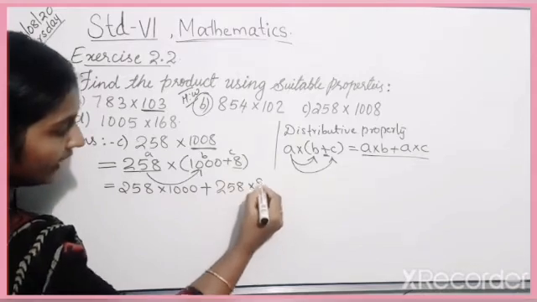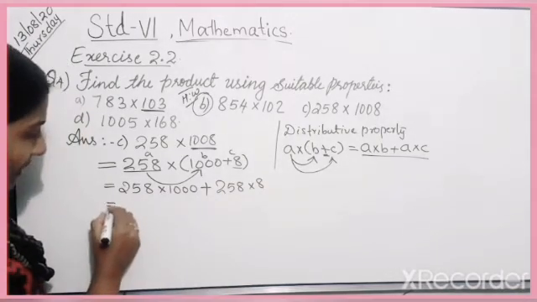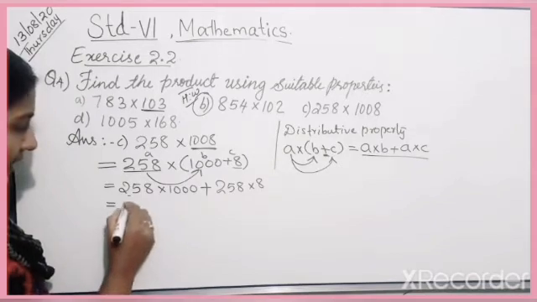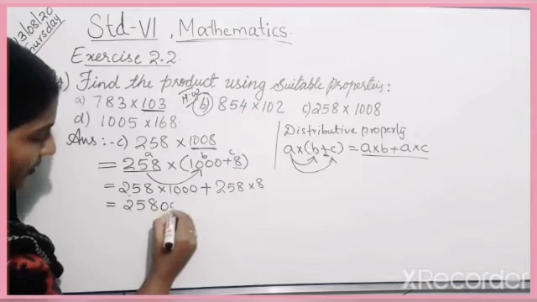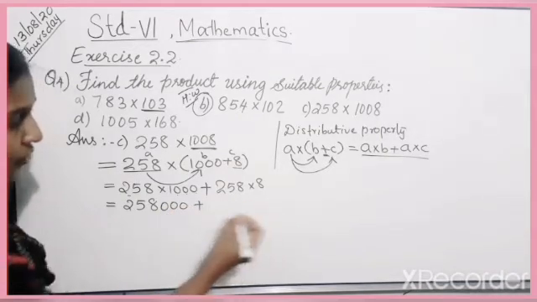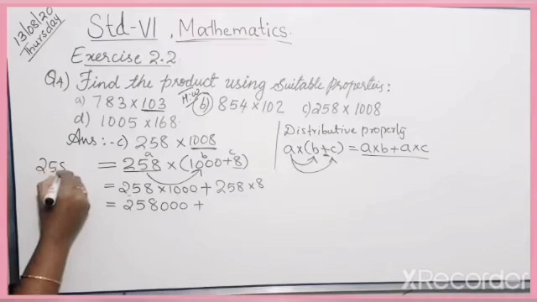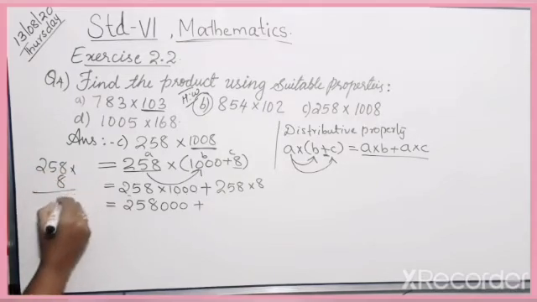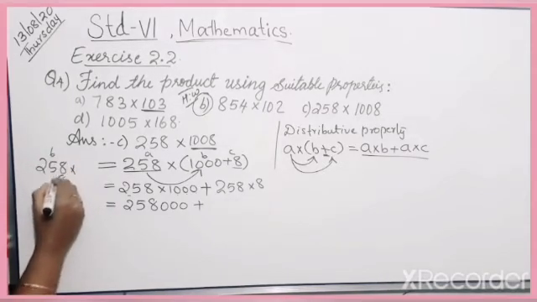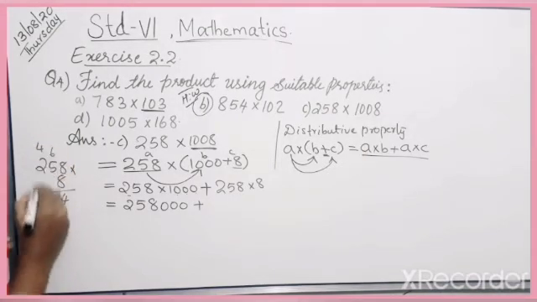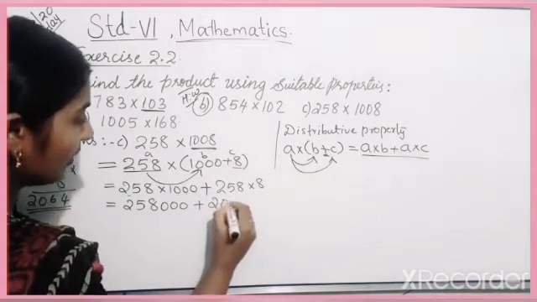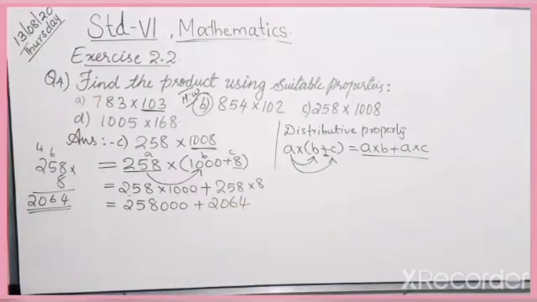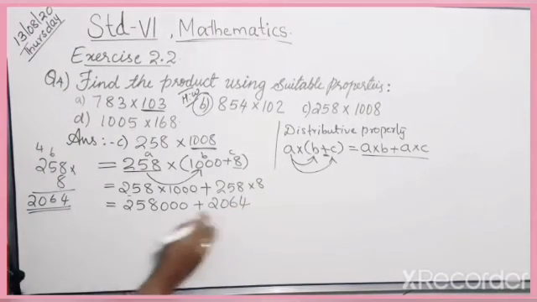Now let's multiply this number into 1000, that means 258 then 000, plus 258 into 8, that let's multiply. So the answer is 2064. Now let's add these two numbers together.